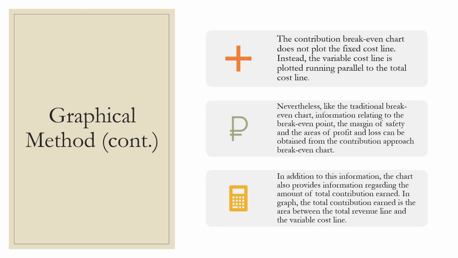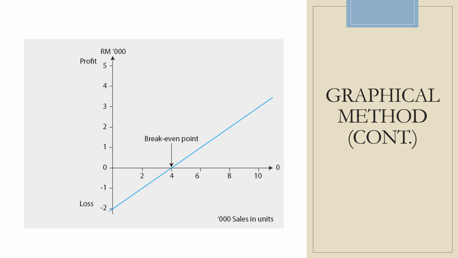Then you can read these points to understand more about how to plot the graph. Okay, so the profit volume chart illustrates the relationship between volume and profits. In this single product profit volume chart, the vertical axis represents the profit and loss made, and the horizontal axis represents total sales, output or sales revenue.